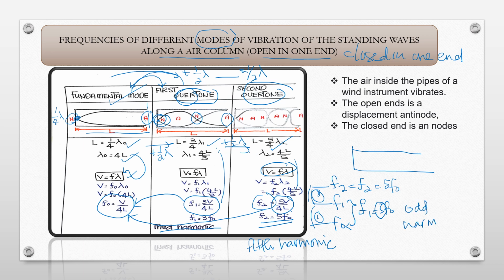The next one definitely will be the seventh harmonic. So 3, 5, they are called odd harmonics. You see here the word says the open end is a displacement anti-node. That means the closed end is a node.